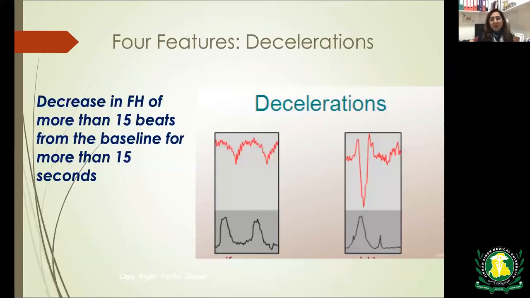Now, deceleration, as I said, due to parasympathetic stimulation, is defined as a drop in the fetal heart rate of more than 15 beats from the baseline for more than 15 seconds. So these are the decelerations, different kinds of decelerations. And this is the parasympathetic stimulation. Parasympathetic stimulation is happening because we as humans, when we have stress, are tachypnoeic and tachycardic.